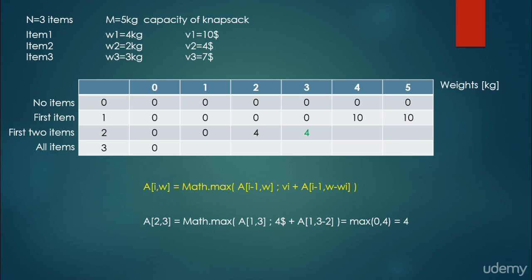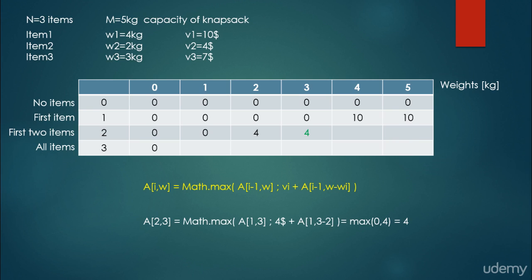Jump to the next column. It is a 4. Why? Because we have to calculate our magic equation, or magic formula. A23 is equal to the max. We look up the table, A with row index 1 and column index 3. It is, of course, 0, and we calculate the $4. Why $4? Because we're considering the item with the second index, so the second item, and the second item has a value of $4.